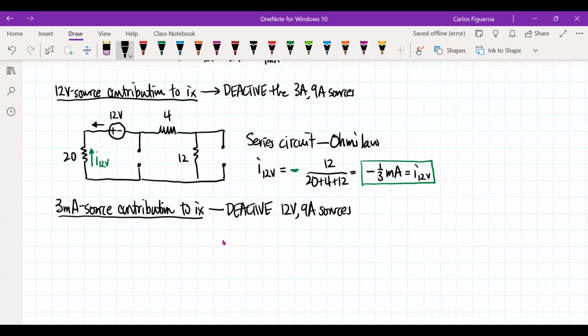So I keep the open with the 9 milliamp, and the 12-volt is now going to be a short. So here we go. There's my 20. This is now a short, but this time I'm going to activate my current source, that's my 3 milliamp source. And then I have my resistor.